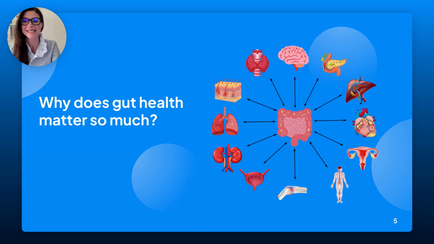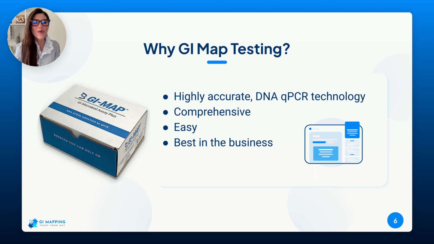We absolutely say yes. So why GI map testing? Well, it's highly accurate. The GI map test through Diagnostic Solutions Lab uses DNA qPCR technology. And that's really important because most institutions in the modern medical sector are still using microscopy. And we have a lot of evidence coming out that the PCR technology is much more sensitive at detecting pathogens when it comes to this, but it's certainly more expensive.